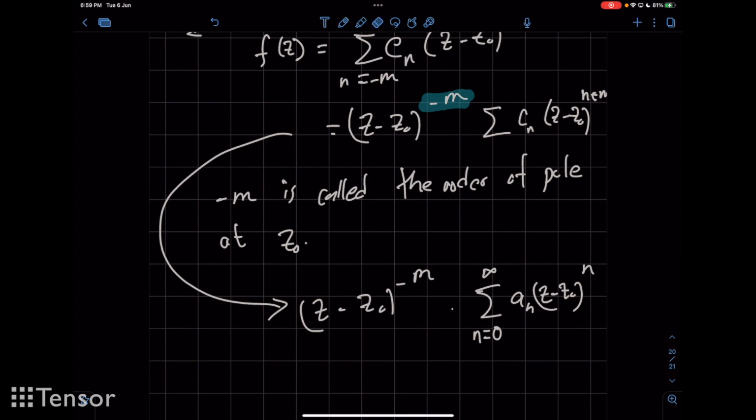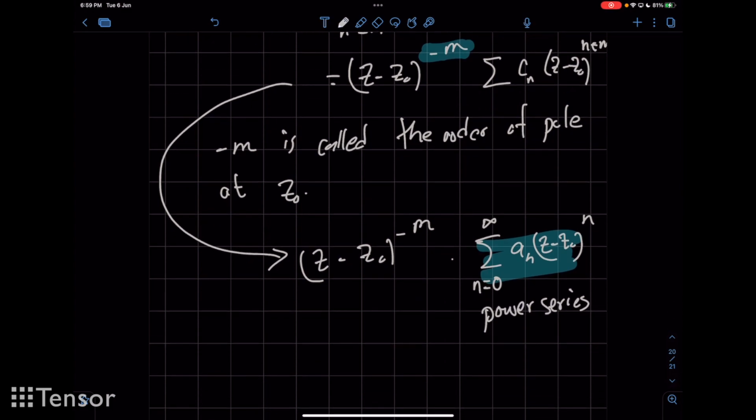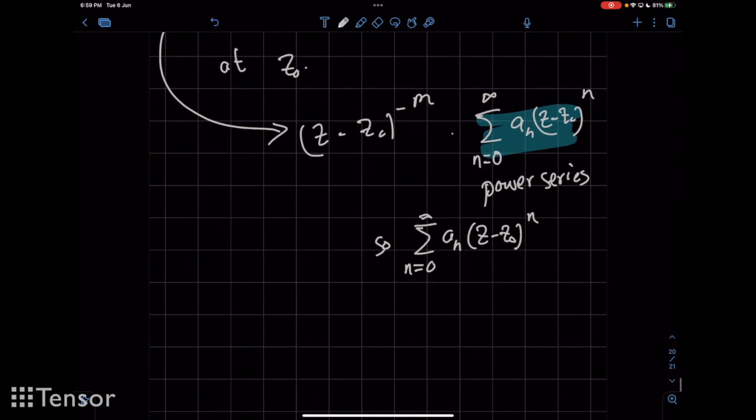Since this is a power series, the function that this power series describes is a holomorphic function. So the sum of a_n (z minus z naught) to the power n, with n from 0 to infinity, is holomorphic.